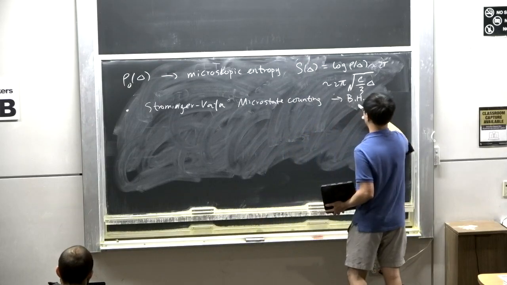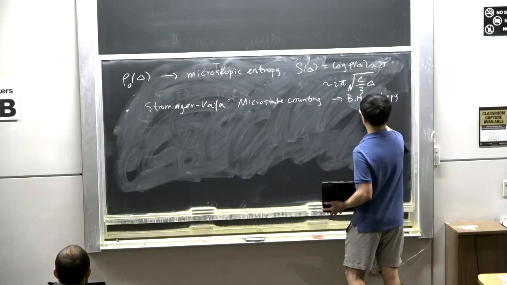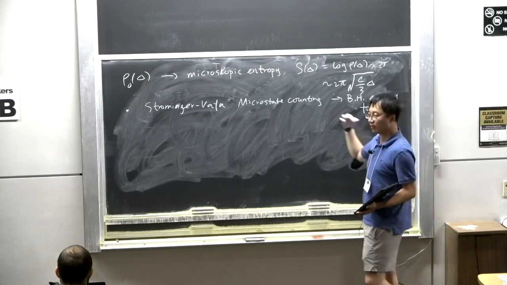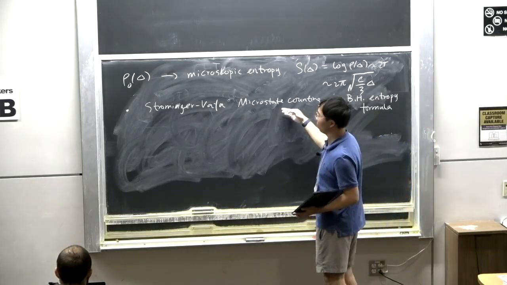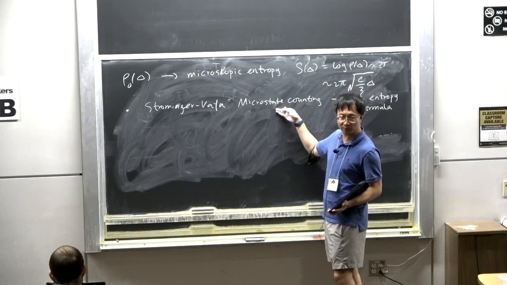The way it goes is that there's an effective 2-dimensional CFT, known as the D1-D5 CFT, that enters into this microstate counting problem.